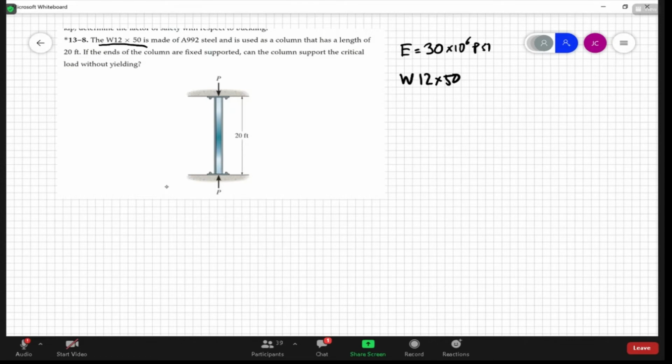You can look up I directly from there. It's Appendix B, I'm sorry. So from Appendix B, we can get that I equals 1250.